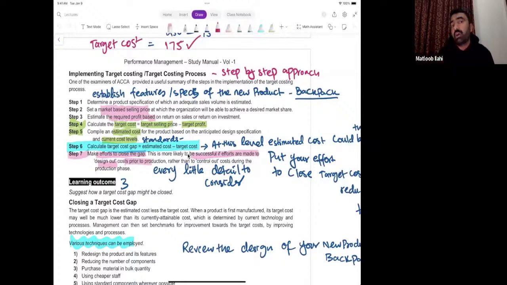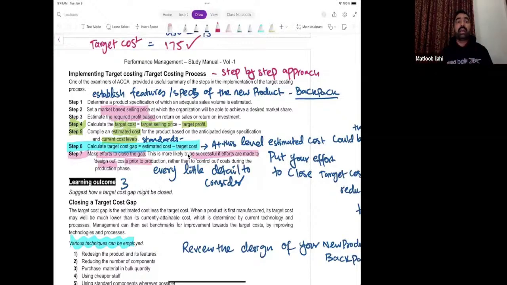In step number 2, we look at the market and find out at what price we can sell this product. You can take the example of a video game, or of an electronics manufacturer that develops and produces a new AC, a new oven, a new LED, any electronics.